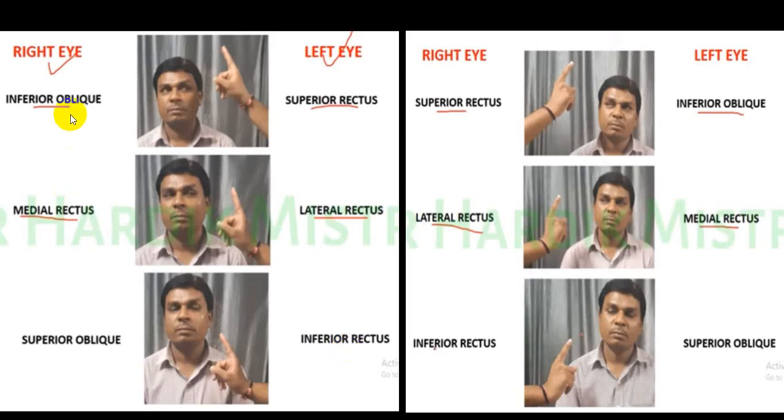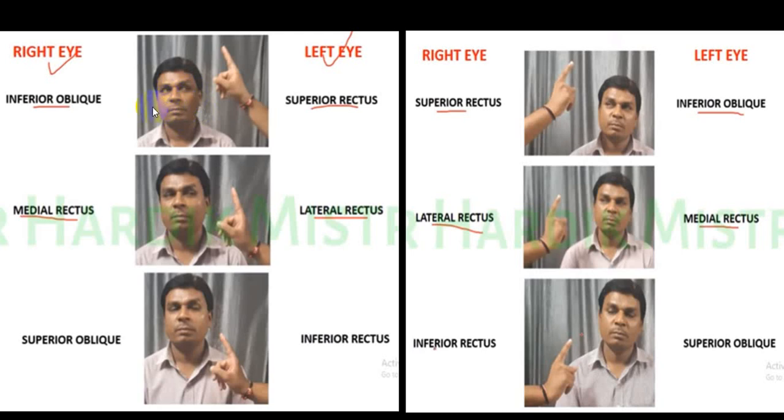So for yoke muscles, say you are asking the person to look to the left side and upward. So it is left side and upward movement. You should know which muscles are working in the left eye and right eye.